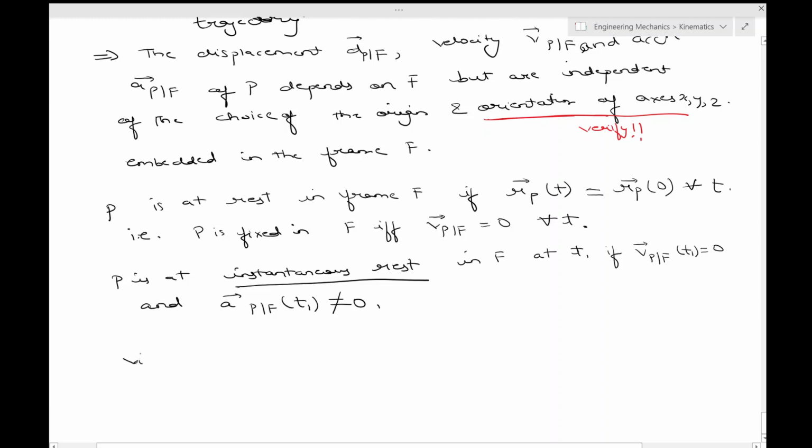So we shall drop the subscript p and even this frame, when they are clear from the context.